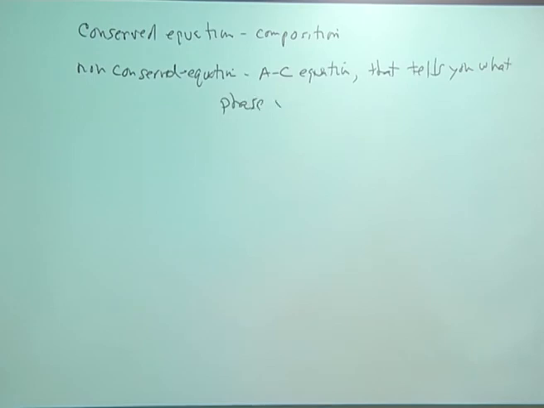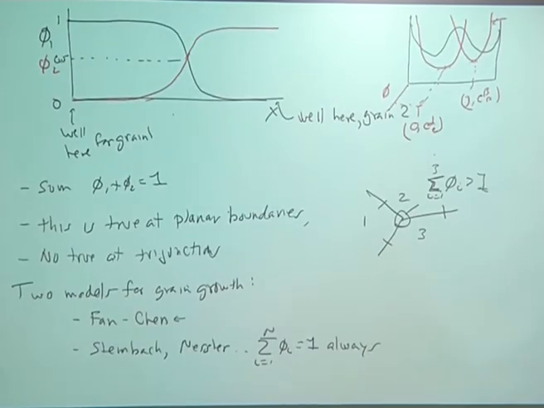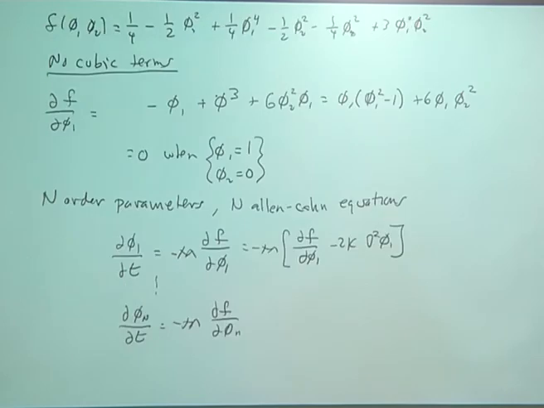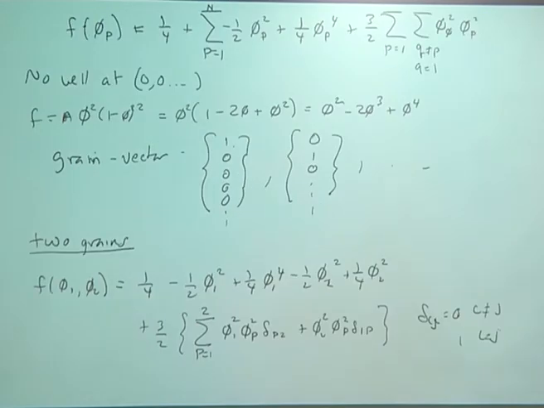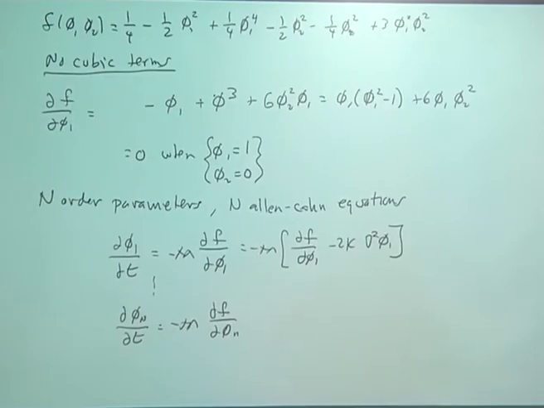What phase is present. Okay, and so you now have basically the underlying structure for picking up one of these models that use CALPHAD free energies, as I sketched here, because you know how to do multi-order parameter systems. This is a multi-order parameter model, and if you have more than two phases, you have two.